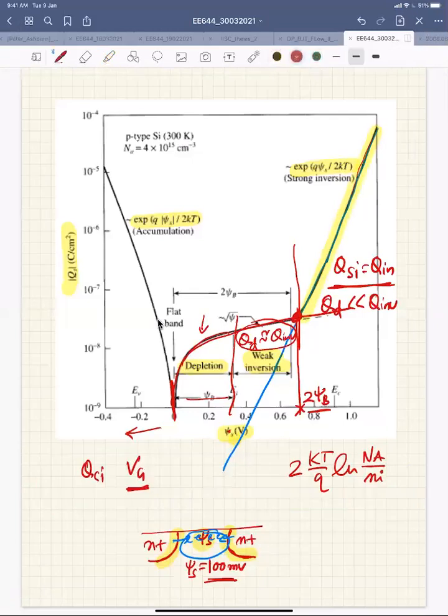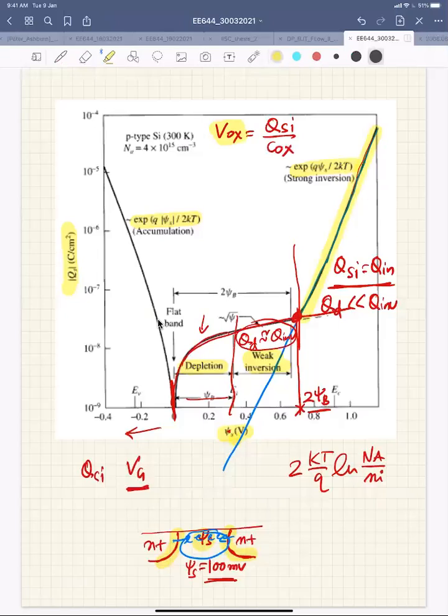And your voltage drop across the oxide, your Vox, is nothing but your charge divided by Cox, right? So since your charge in the silicon is increasing exponentially after inversion, your Vox will increase rapidly.